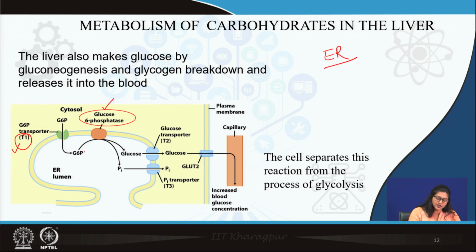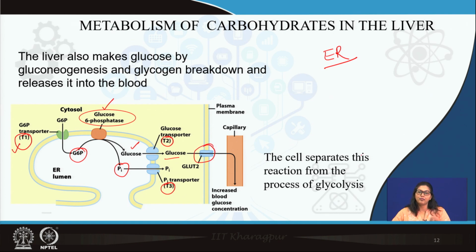Then via glucose 6-phosphatase, it forms glucose and inorganic phosphate. Those come out from the endoplasmic reticulum, glucose via the T2 transporter, and inorganic phosphate via the T3 transporter, and finally this glucose enters the circulation via GLUT2.